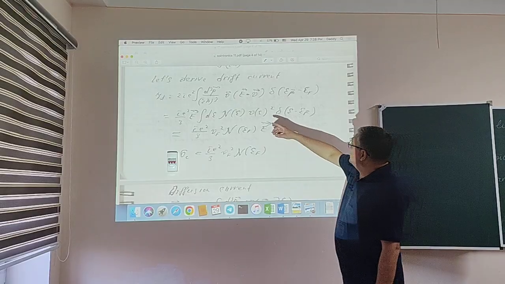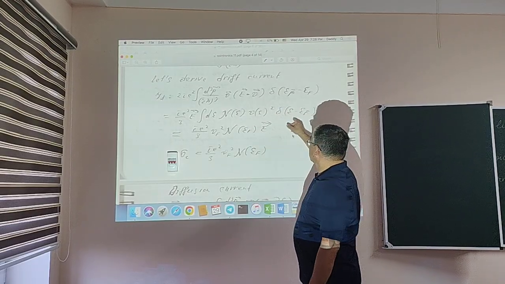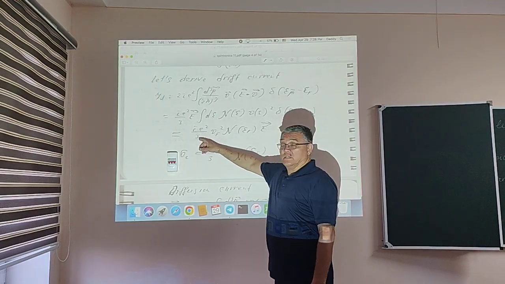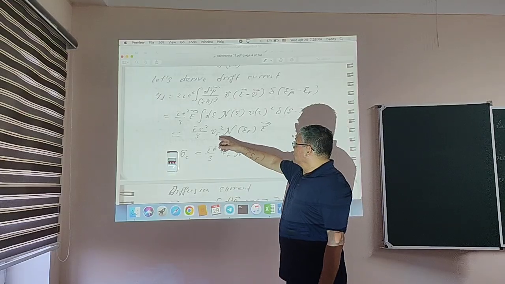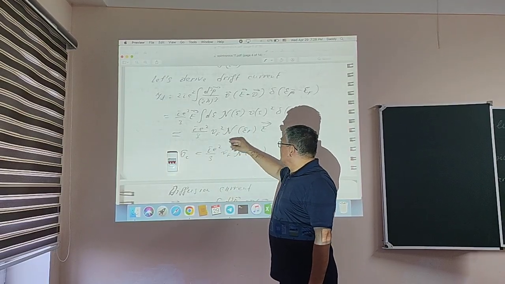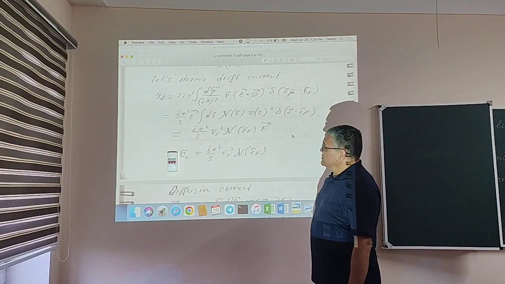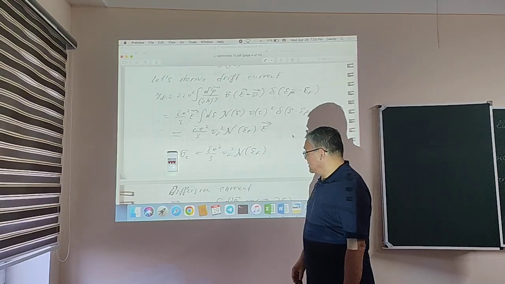According to the delta function properties, we find this final expression for the drift current, which shows that we can write the coefficient in front of here as a conductivity, the drift conductivity.